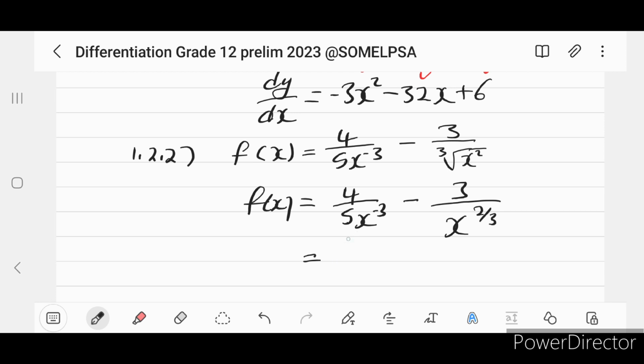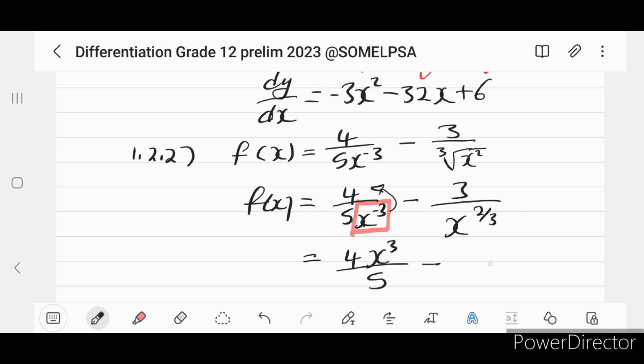Okay, so you can see this guy here, he is negative. There's a variable as a denominator, so I must move it up. When I move it up, the sign of the exponent must change. So it's going to be 4x to the positive 3 over 5. So what I simply did, I just moved the x to the minus 3 over 5 up so that it's positive.